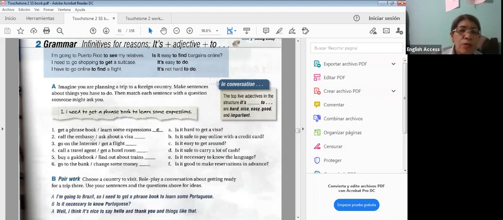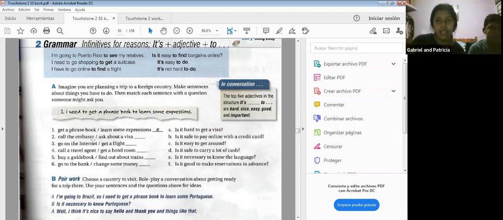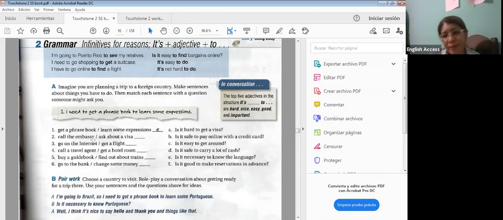I am giving a reason to visit my cousins. Teacher, relatives is another form for, say, family. Kind of, yes, that's right. Okay, so Fernanda, can you tell me an example, please, of infinitives for reasons?